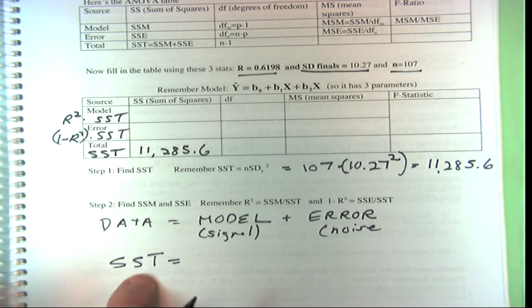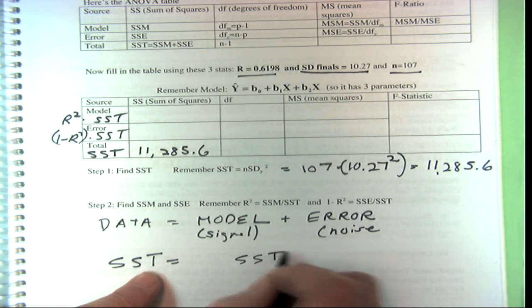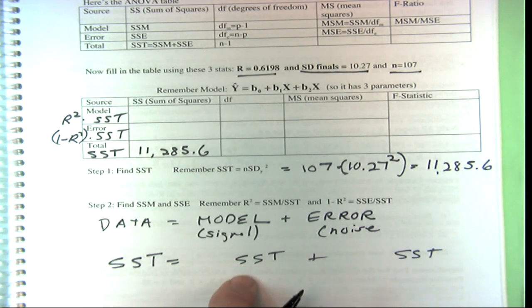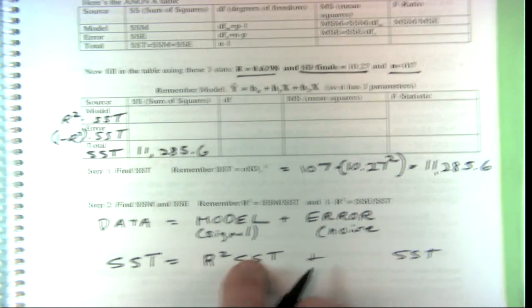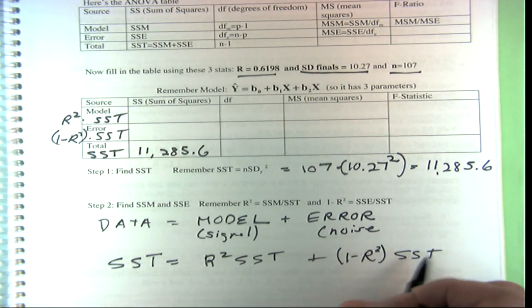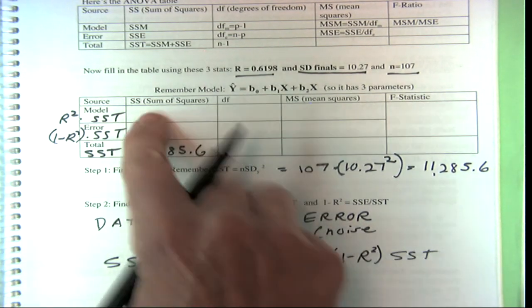So we look at the deviations from the average final, square them, and add them all together. We're breaking that into 2 parts: the proportion explained by our model, and the proportion explained by our error. So there we have it right here.